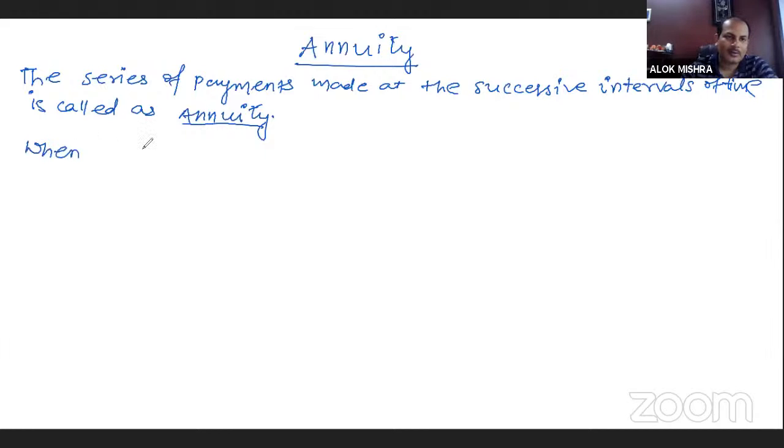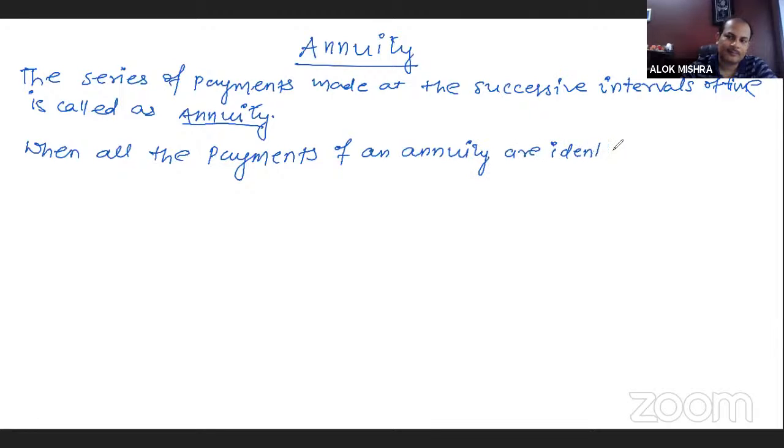When all the payments of an annuity are identical, then it is called as uniform annuity.